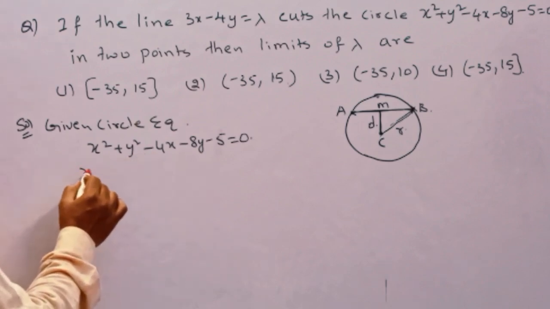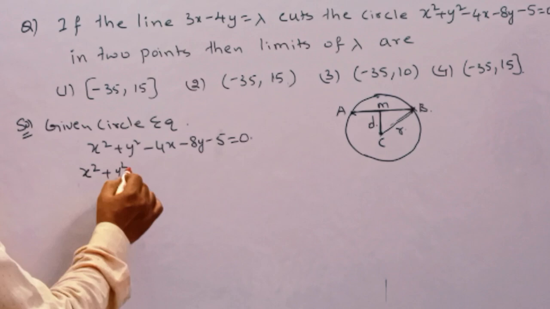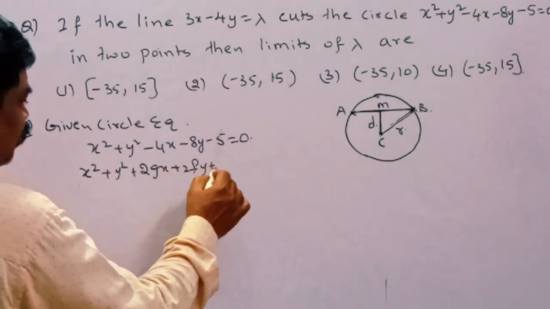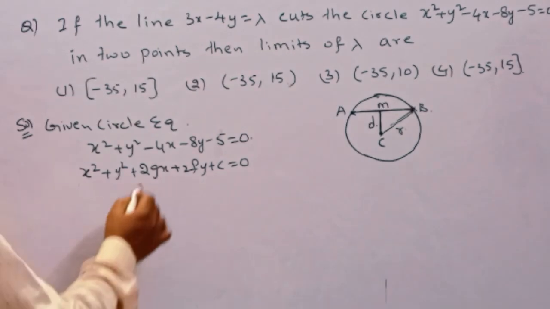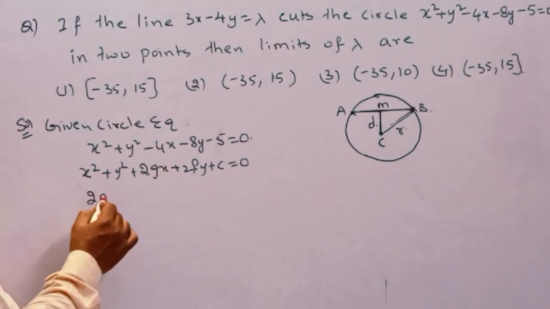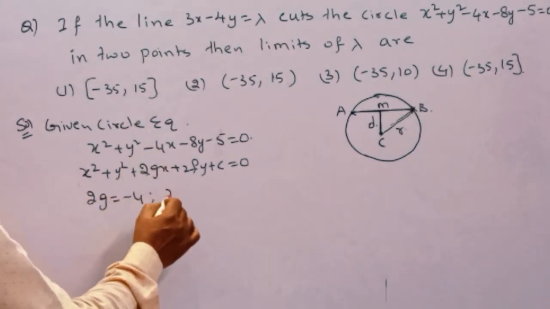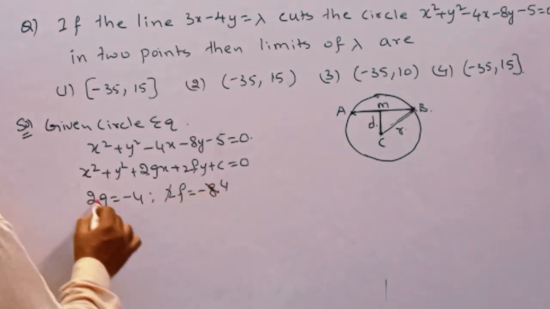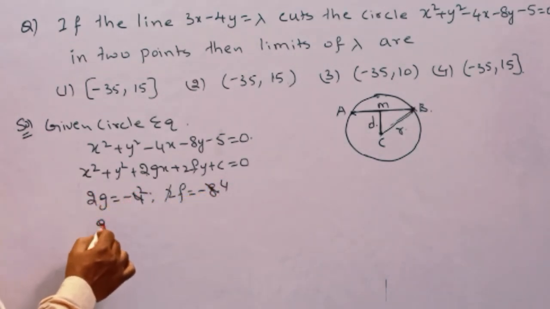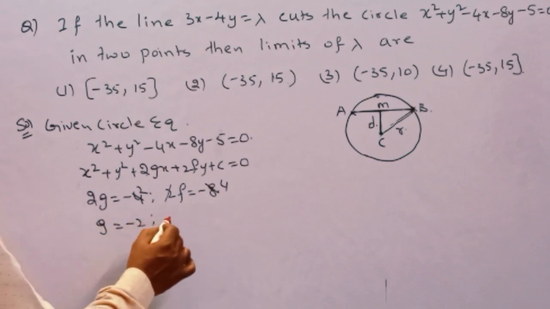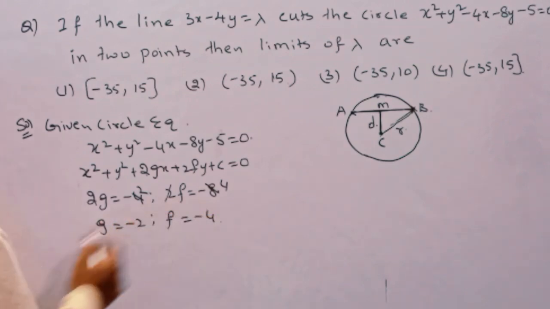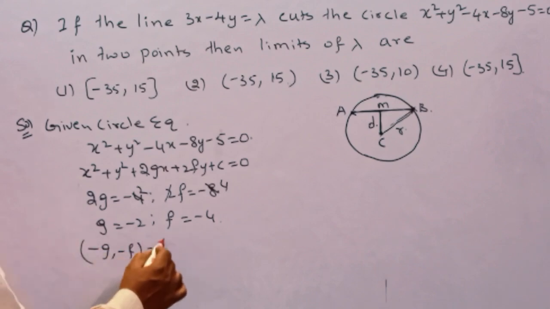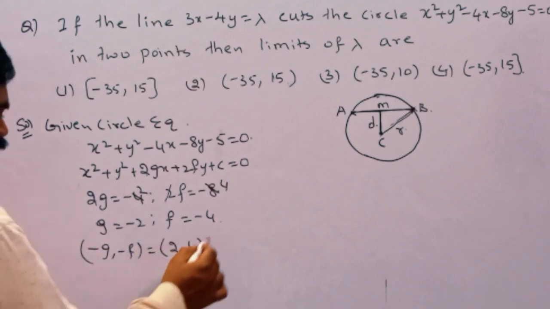You compare with x square plus y square plus 2gx plus 2fy plus c equal to 0. Then 2g is equal to minus 4, 2f is equal to minus 8. So g is equal to minus 2, f is equal to minus 4, minus g comma minus f is the center, 2 comma 4 is the center.